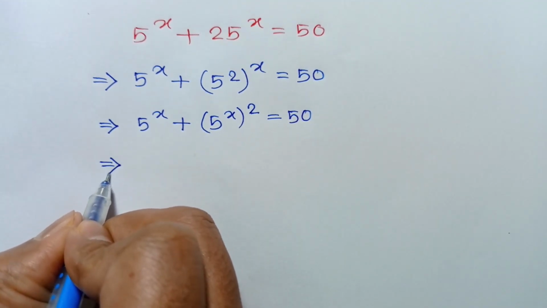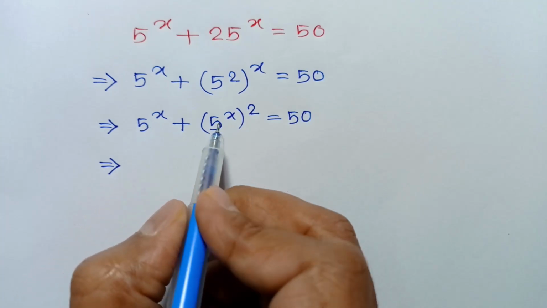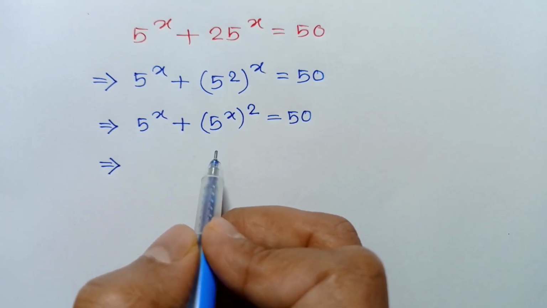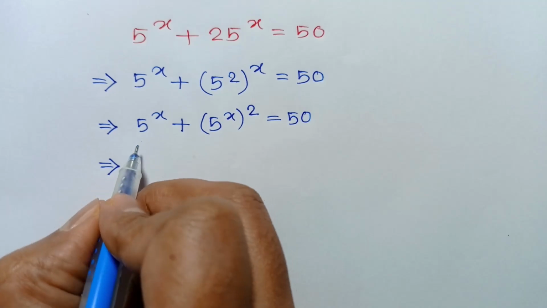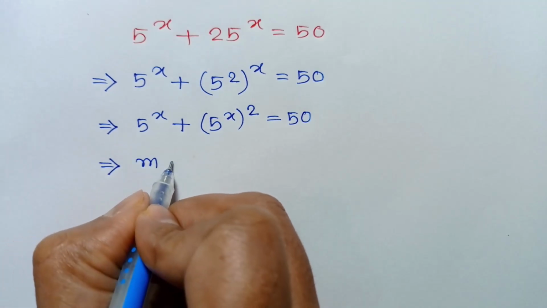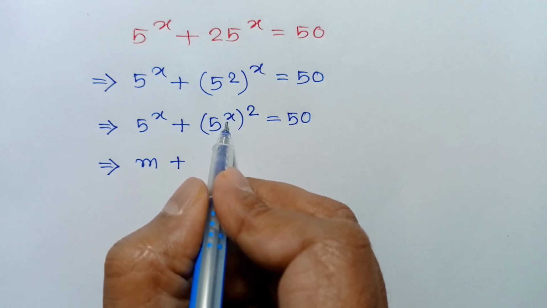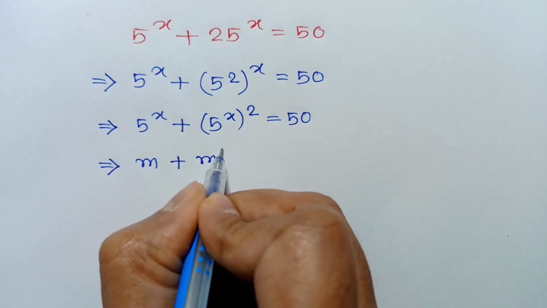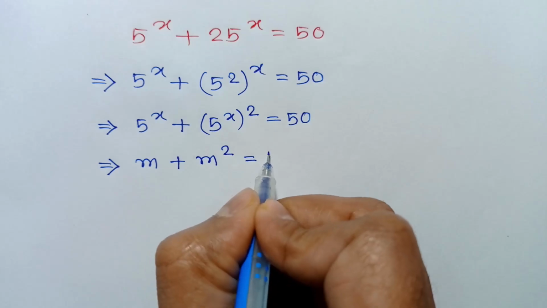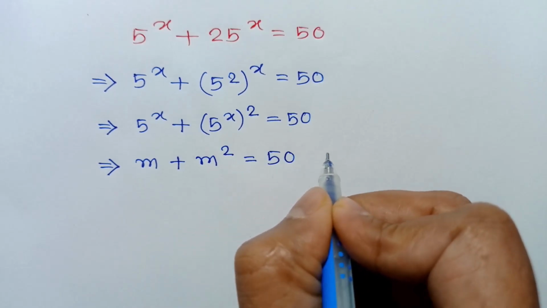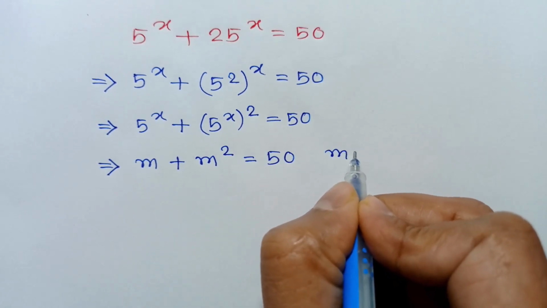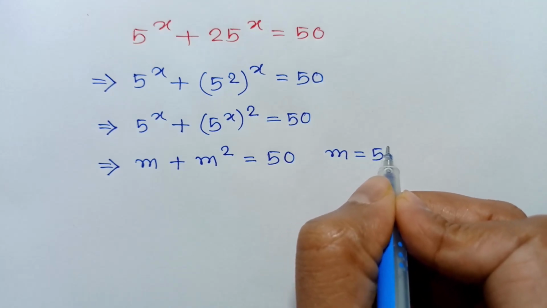Considering this 5 to the power x as m, we can write this as m plus m squared is equal to 50. Here m is equal to 5 to the power x.